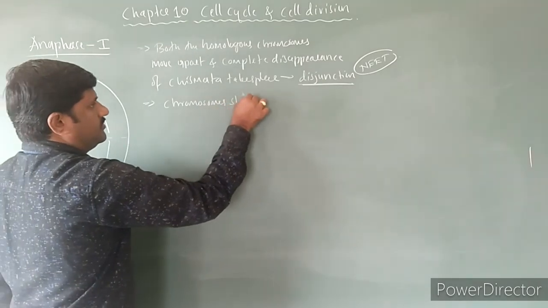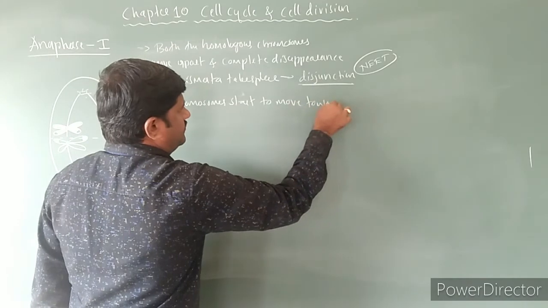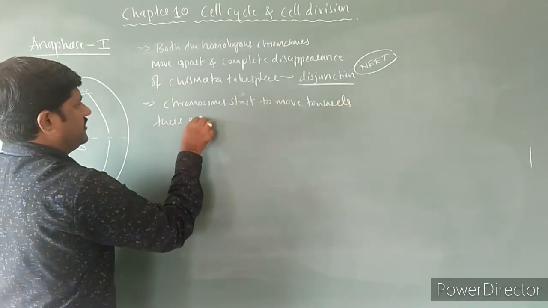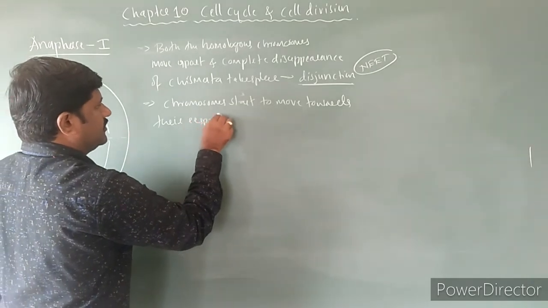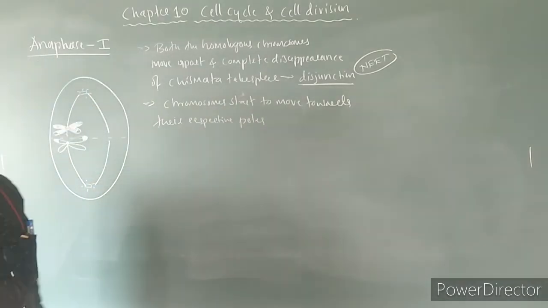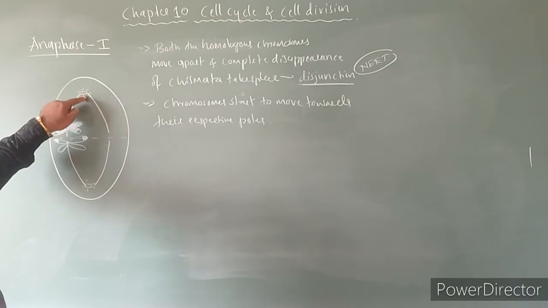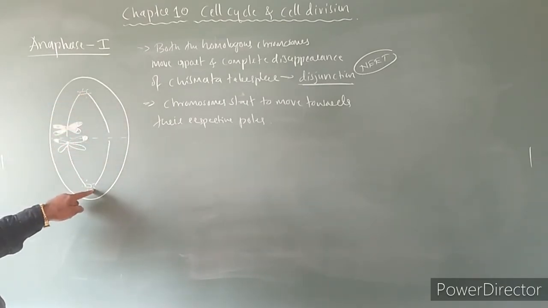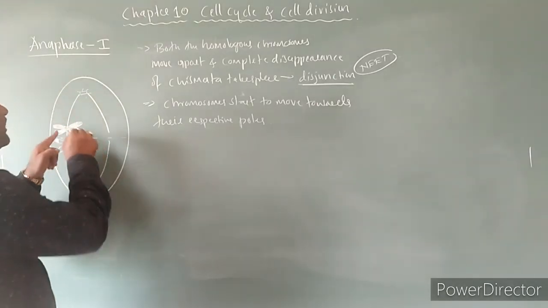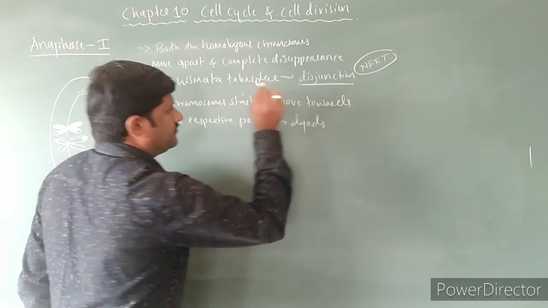chromosomes start to move towards their respective poles. This chromosome moves towards this pole and this chromosome moves towards this pole. These chromosomes are said to be dyads.